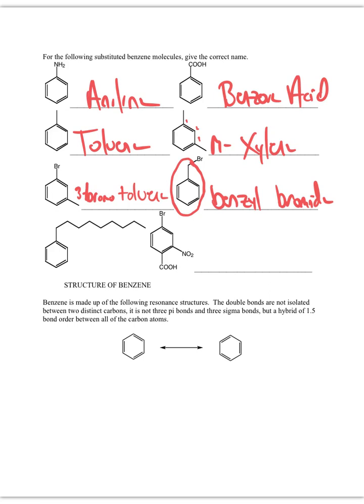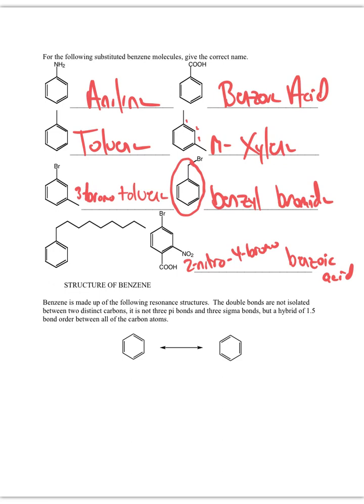And then here we have a benzoic acid as the base name. So 2-nitro and 4-bromo, or 4-bromo-2-nitrobenzoic acid.